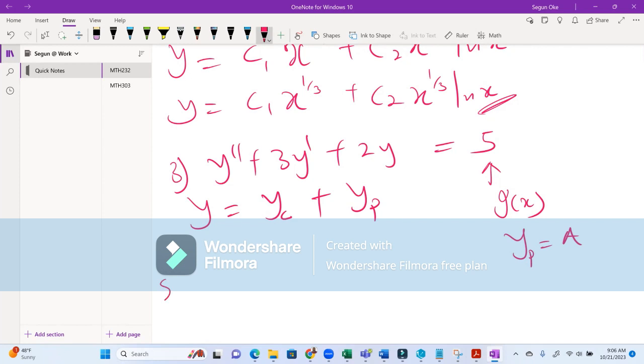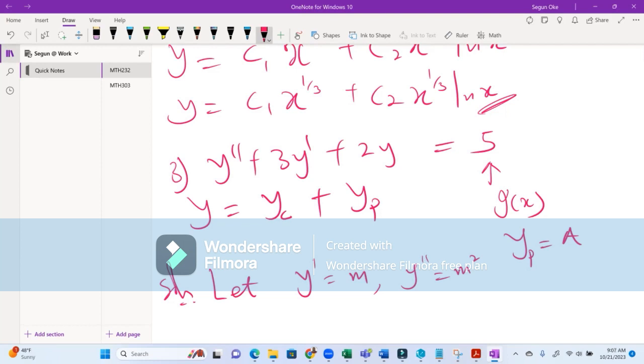So how do we solve this one? Solution now. Let y' equals m. Then I can say y'' equals m squared. I'm not differentiating.